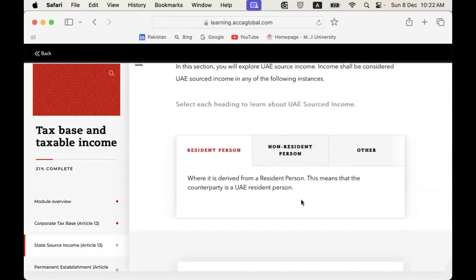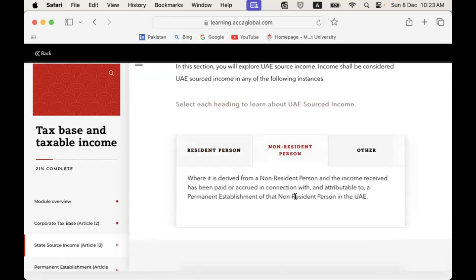They have basically caught the bull by its horns from the other side. It doesn't matter who is receiving the income. If it is being received from a resident person of the UAE, then this income will become UAE sourced income. So a non-resident may earn something from a UAE resident, and that income will be taxable in the UAE. Why? Because it is UAE sourced income.